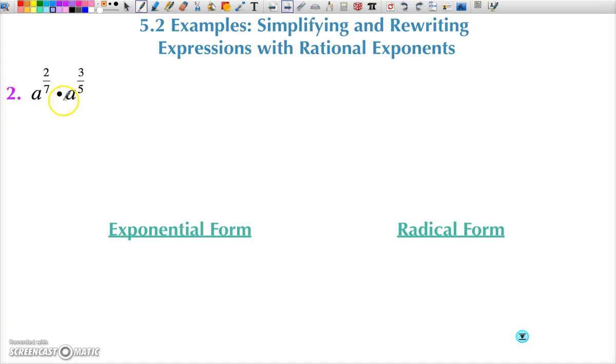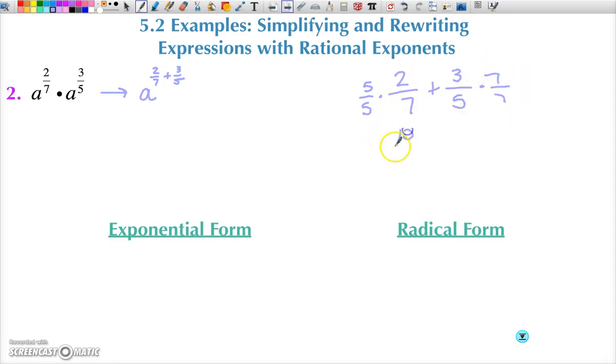Number 2, same base, so we need to add our expressions, or add our rational exponents, so 2/7 plus 3/5. And to be able to add 2/7 to 3/5, we have to have matching denominators. So I'm going to multiply this one by 5 over 5, which is really just 1, and multiply this one by 7 over 7, which is also 1.